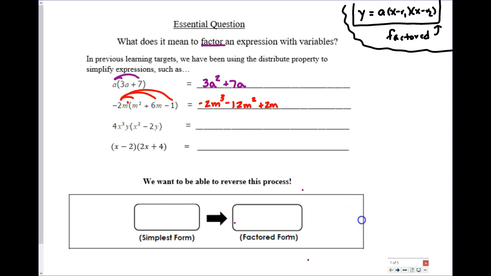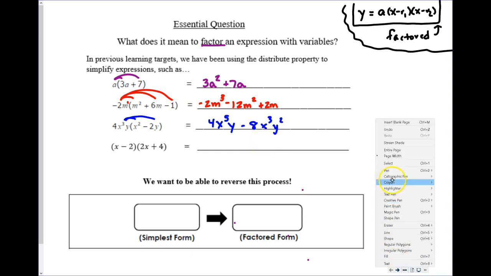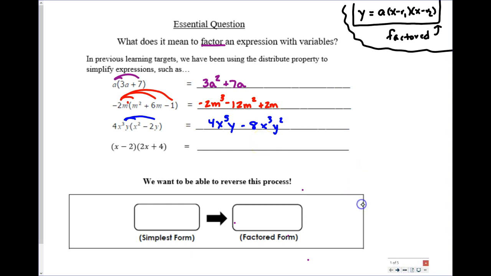This takes us back to our exponent rules, right? For this next one, I'm distributing the 4x to the third y to x squared. So I'm going to have 4x to the fifth, and then that y just tags along, and then minus 8x to the third, and then y squared. And then this last one, we can distribute this. You could totally do this if you wanted to.